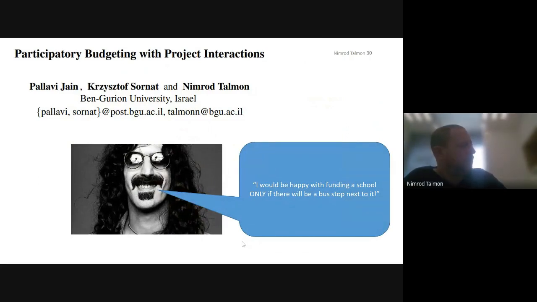Basically, we started from the observation that maybe there are some projects that have some connection or are not really independent. So for example, if there is one project to fund the school, this is project 1, and project 2 is to build a bus stop next to the place in which this school should be built, then maybe I really want the city to build the school there, but I don't want the city to build the school with no bus stop.